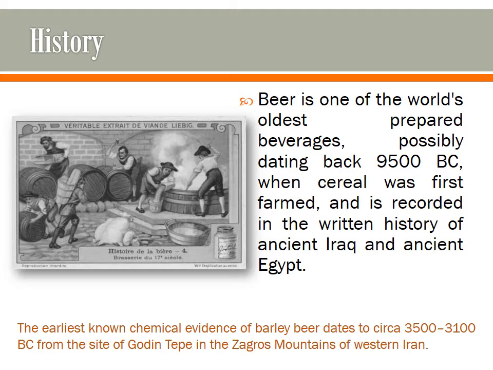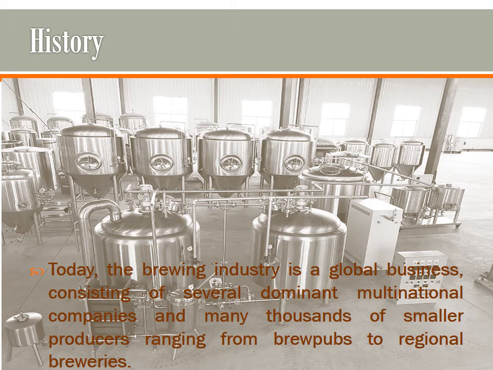There is also chemical evidence of the beer process in Iran. And today, the brewing industry is a global business, consisting of several dominant multinational companies and many thousands of smaller producers, ranging from brew pubs or brew bars to regional breweries.